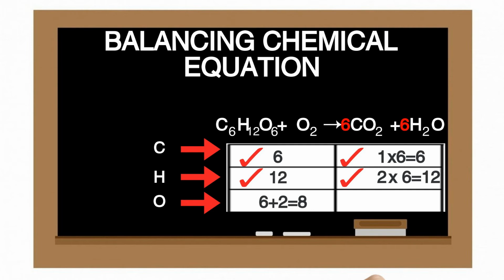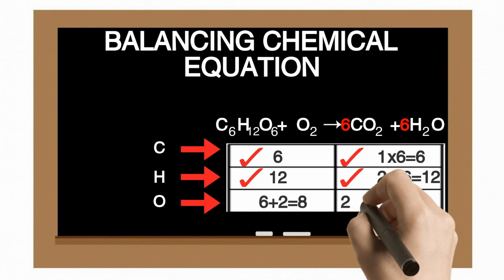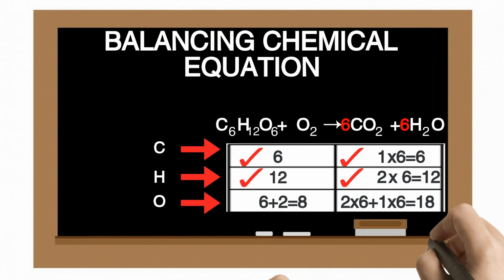Another product which is formed is H2O and it has a coefficient which is 6, and the coefficient is for both hydrogen and oxygen. Here the oxygen has only one atom and we multiply it with the coefficient 6, so we get 6. So the total number of atoms here would be 12 plus 6, which will be 18.